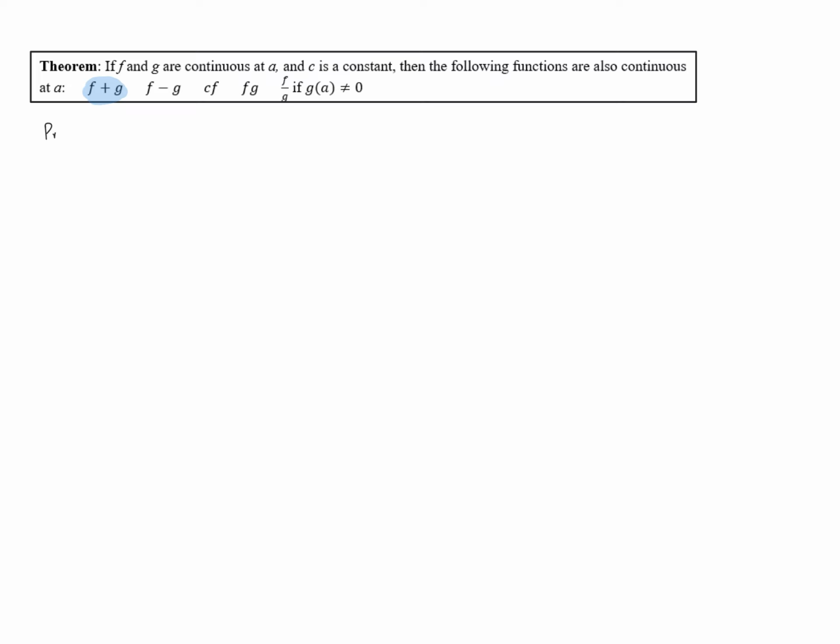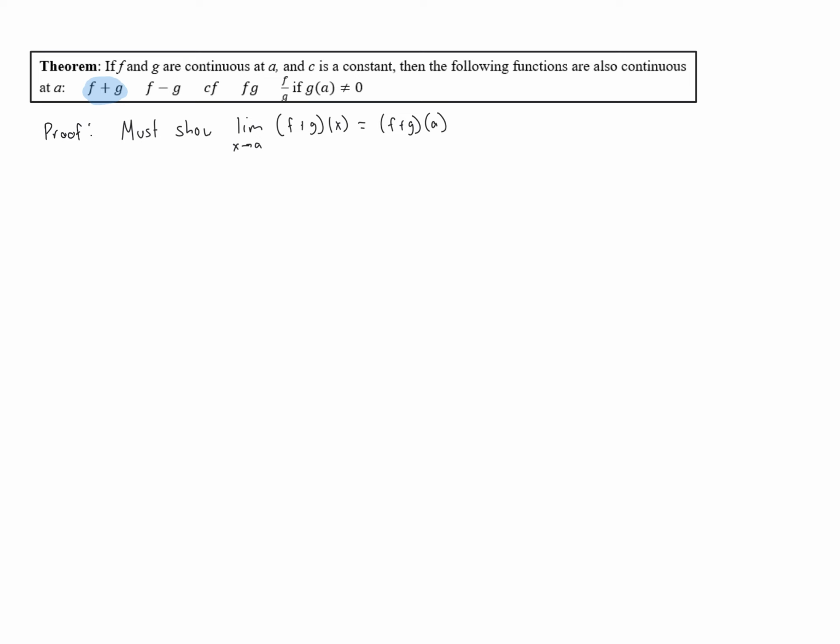So to prove this, we need to think about what we actually need to prove. If we want to show that f plus g is continuous at a, we must show that the limit as x approaches a of the function f plus g of x is simply equal to the function f plus g evaluated at a.